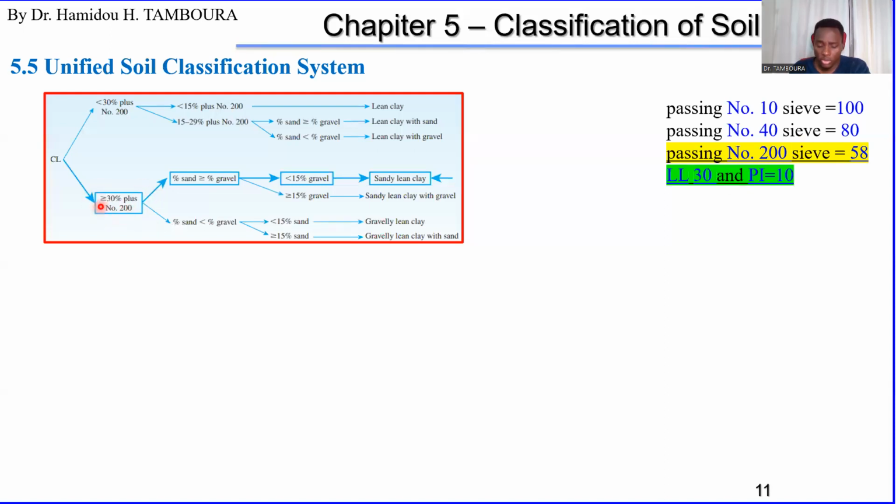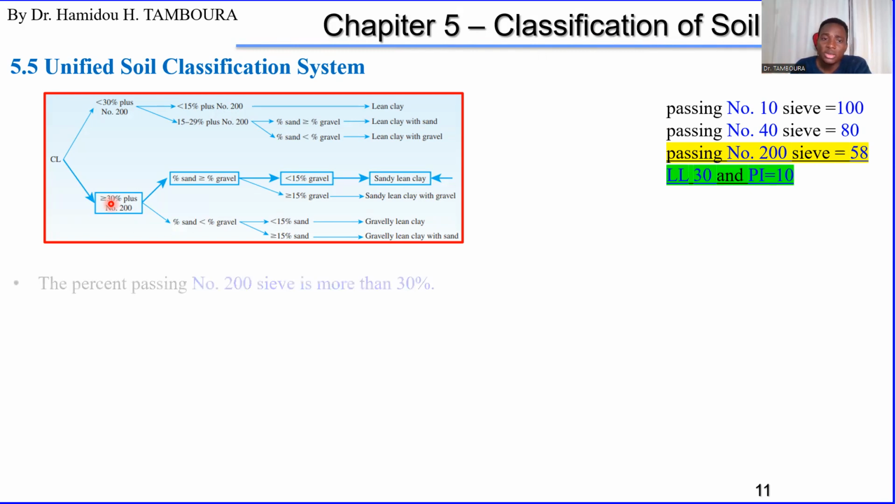So we are in this situation. And then we check what I was talking about right now: whether the percentage of sand is higher than the one of gravel, or the reverse. In our case, the percentage of gravel is 0.